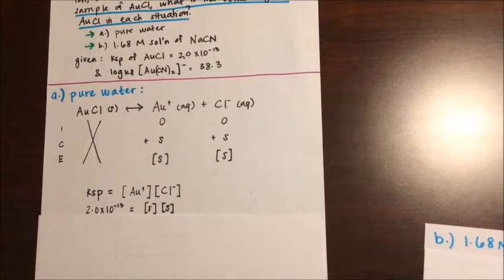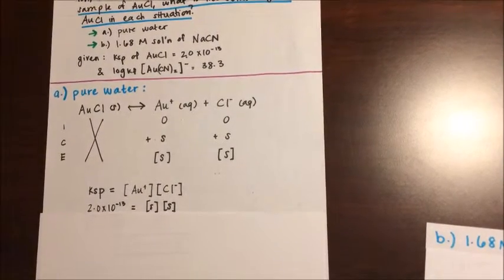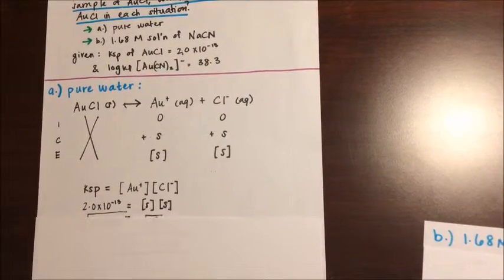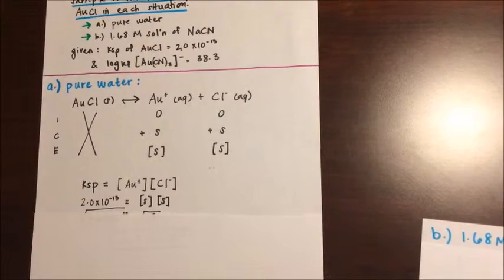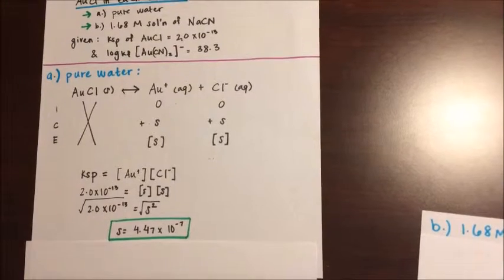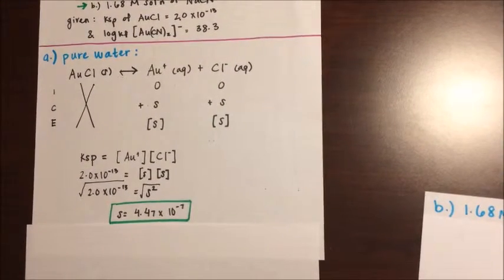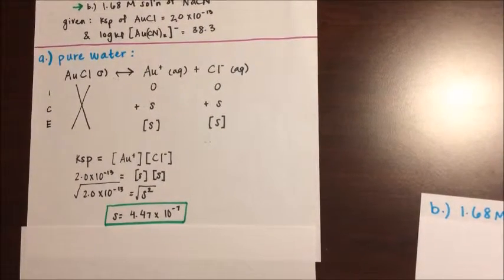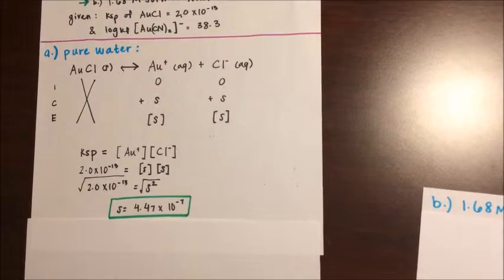As for Au+ and Cl-, we are plugging in S for each. Now, through simple algebra, you can solve for solubility. Punch these values into your calculator, and you should get solubility to equal 4.47 times 10 to the negative 7 as your final answer.